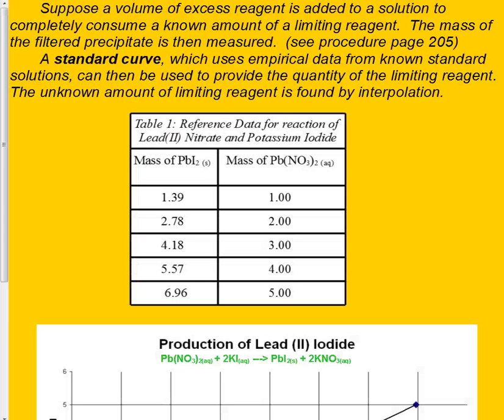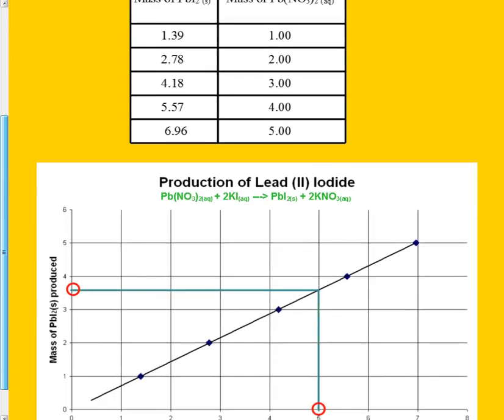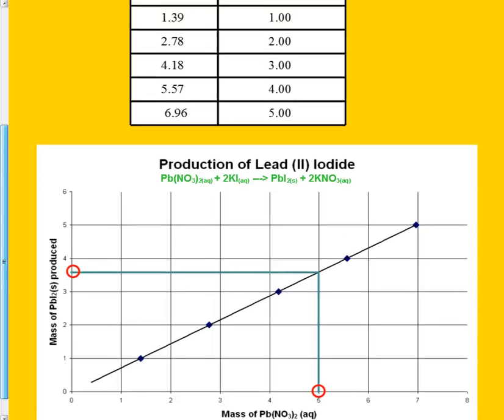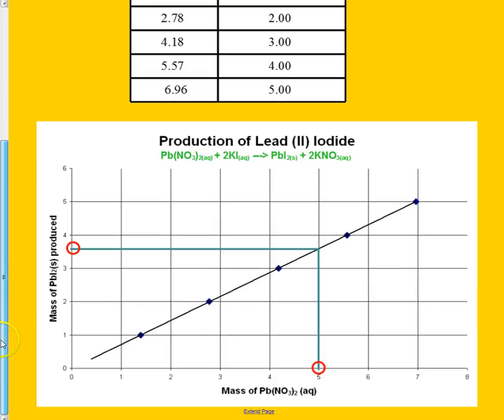I'm going to return to the standard curve method of quantitative analysis where we have a graph that relates a mass of product to a mass of reactant. And here we can use interpolation on the graph to determine the amount of a reactant, even though we don't know how much reactant we're starting with.